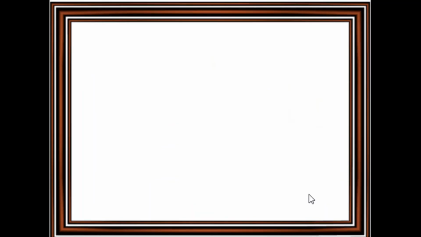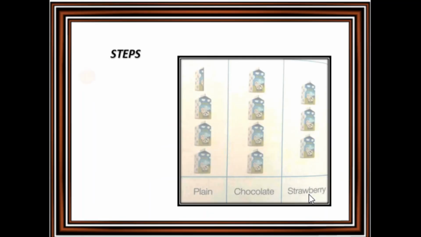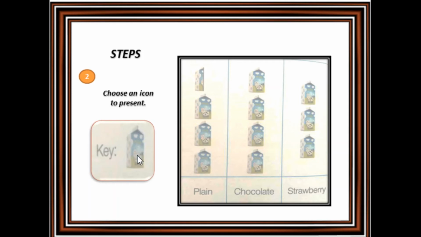Number 2, you have to choose an icon or a picture to present your data. Again, choose an icon to present data. For this pictogram, she chose to use 1 bottle of milk.